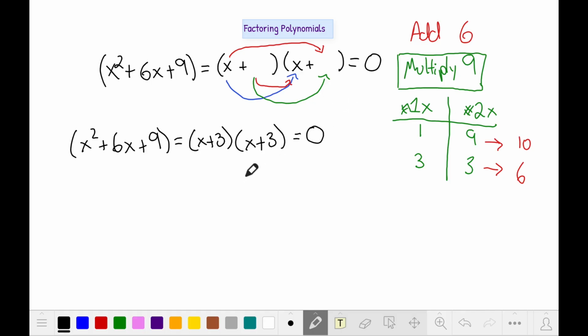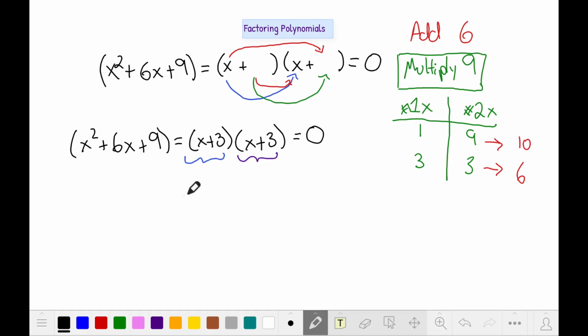So now we're almost done. We might be asking ourselves, okay, well, what's going on here? Well, what's going on is that this term, the first term, and the second term have to be 0. Now, in this case, they're both the same, so there's only one answer.